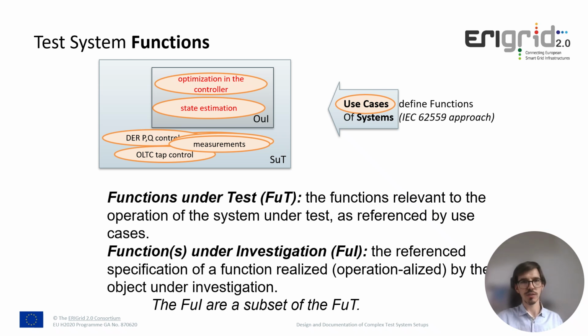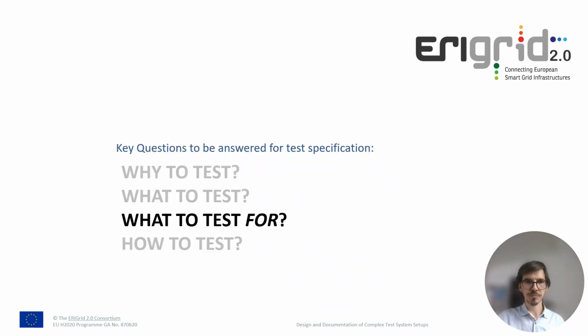So these are the FUIs. However, in order to perform such a test, we need other functionalities to be represented in the laboratory. For example, the DRPQ control, the tap changing control, and also measurements. That describes the functions under test. Now we know what to test.